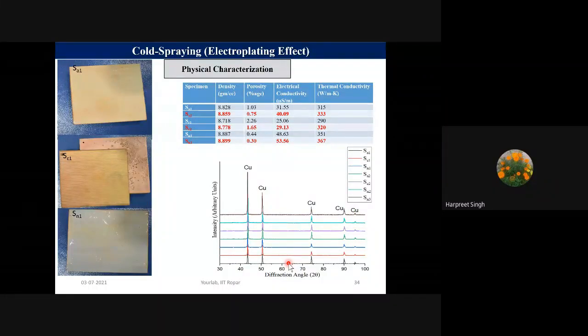Another was this electroplating effect. Now, in electroplating, again, we used two techniques in terms of this electroplating layer. In one case, we tried nickel electroplating, okay, and in the other case we did copper electroplating itself.